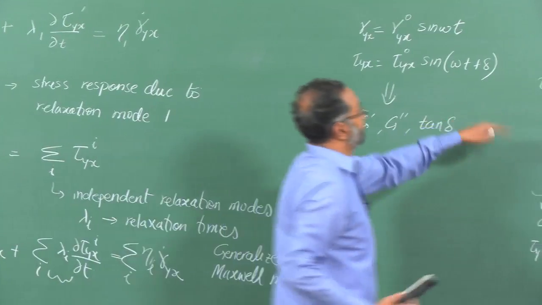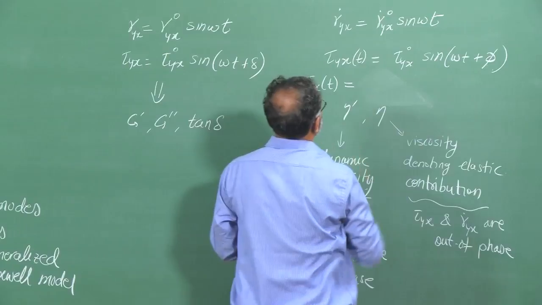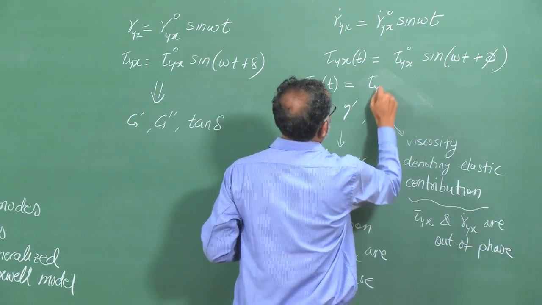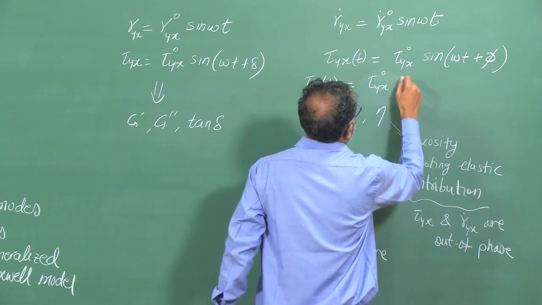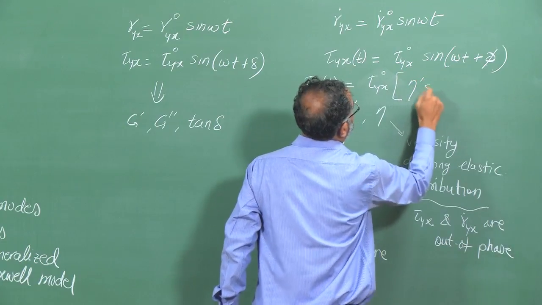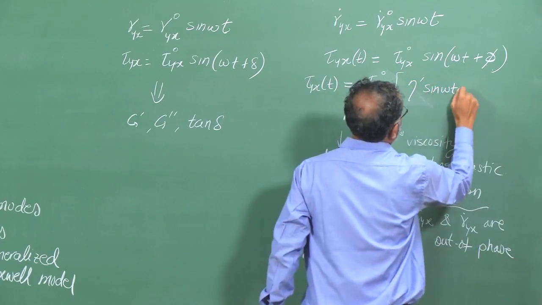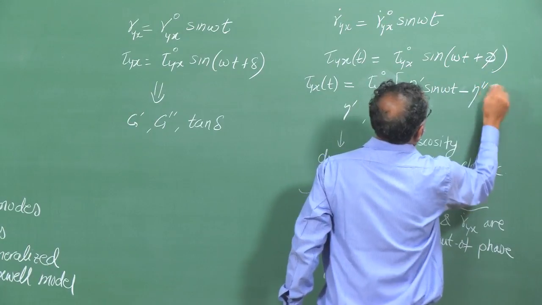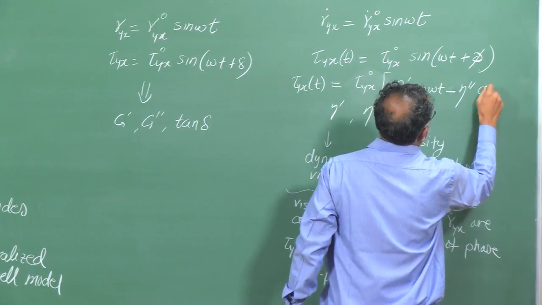We will need to do this to define the viscosities, so let me first define the stress itself. So we will get two terms, basically eta prime sin omega t plus and minus eta double prime cos omega t.